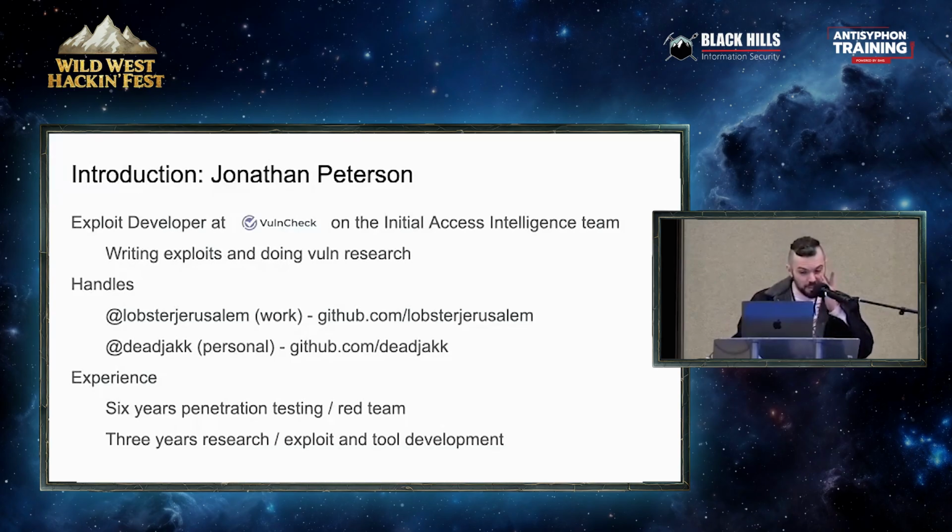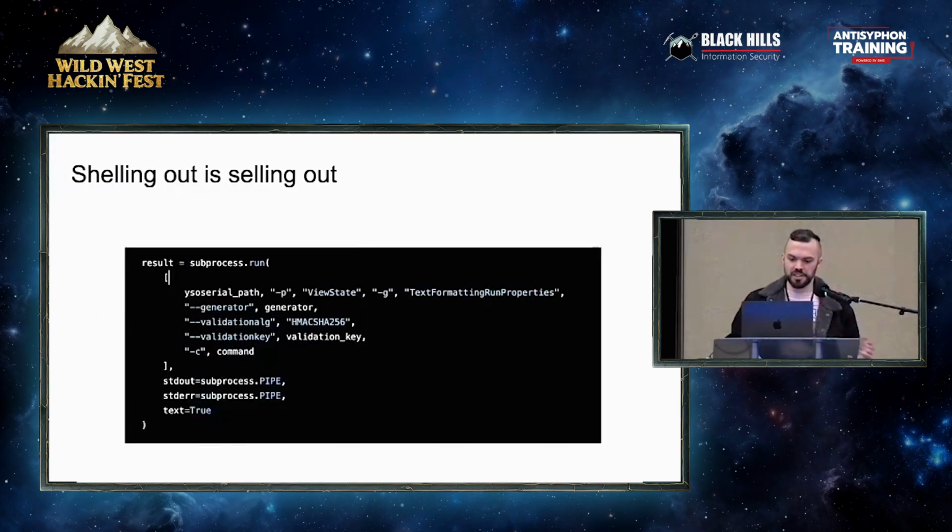And before we talk about why we do that, we should probably talk about how you currently do it. Currently, if you go on GitHub and find a POC that's based on deserialization, it's probably going to tell you to go download ysoserial.net or ysoserial, depending on if the target's .NET or Java based.